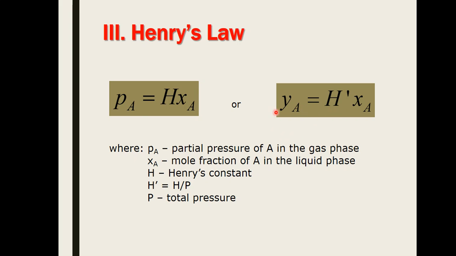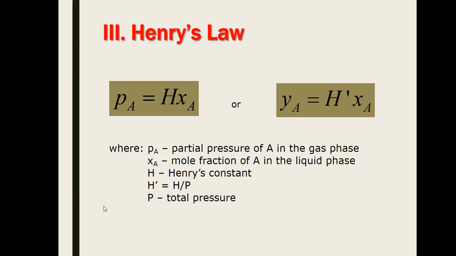On the right side, if we divide Henry's constant by the total pressure, we get the quotient H prime, and we still have XA being multiplied by H prime. And here you have the exact needed relationship that we want, and that is YA in terms of XA.